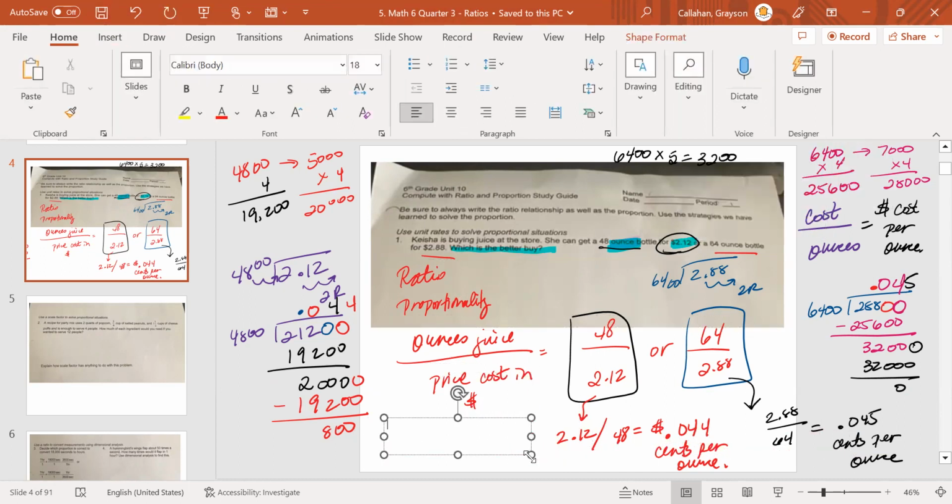And in which case you would say the 64 ounces or 48 ounces for $2.12 is a better buy, because you will be paying 0.044 per ounce.